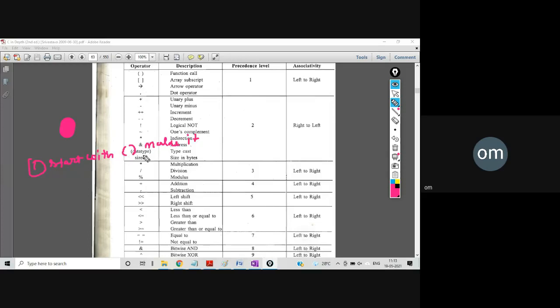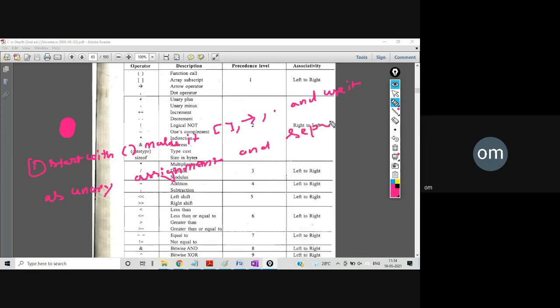Start with round bracket, make it square, arrow, dot, and use it as unary assignment, and separate it by comma.